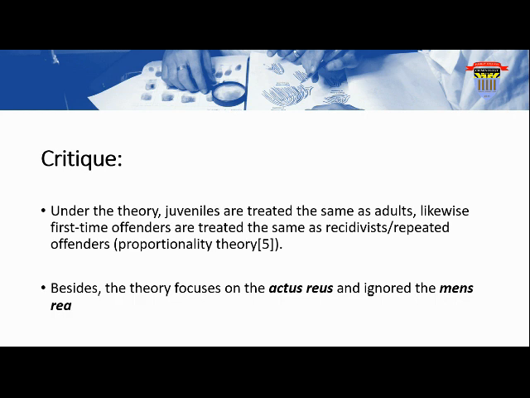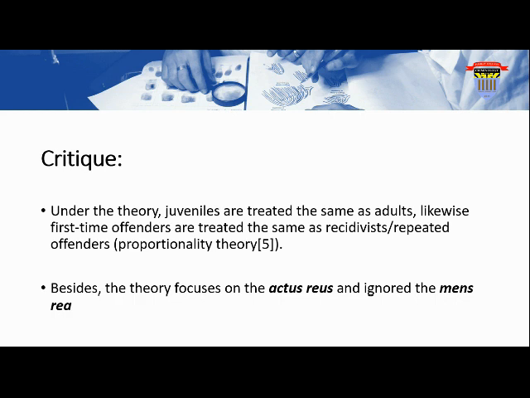So, the critics of this theory: under the theory, juveniles are treated the same as adults. Yun na nga, dito kasi sa theory na to ay kung ang offender ay adult at saka young, ay the same yung parusa. Likewise, first-time offenders are treated the same as recidivists. Yung una mong nakomit at saka yung recidivist ay the same lang yung parusa.